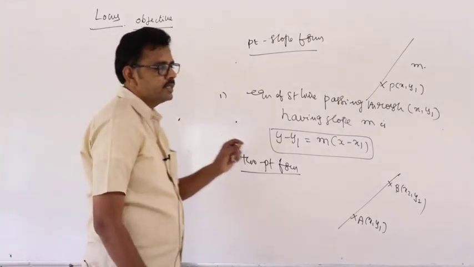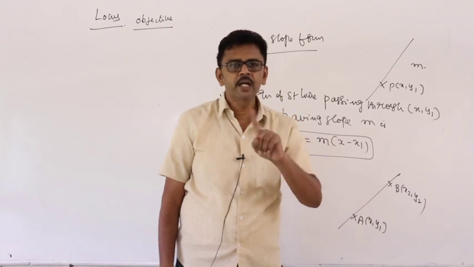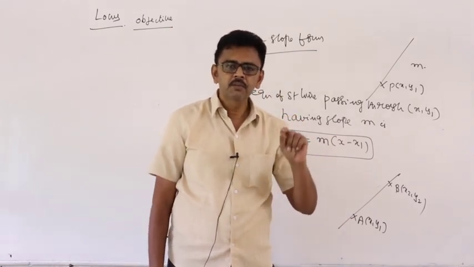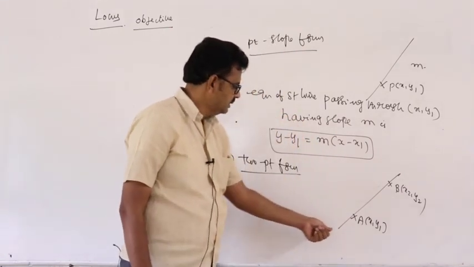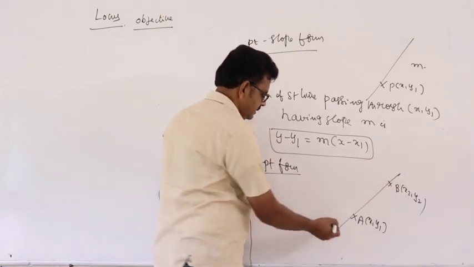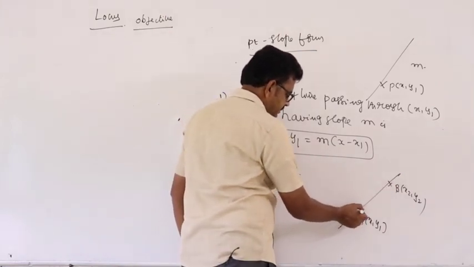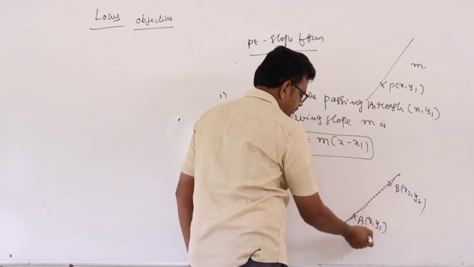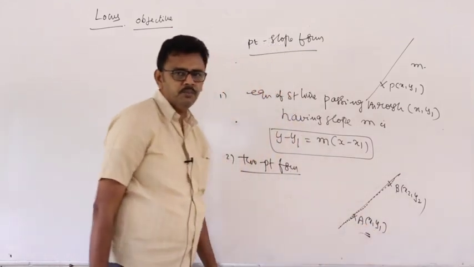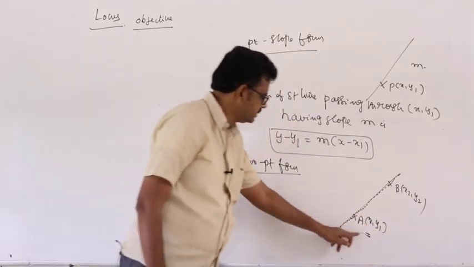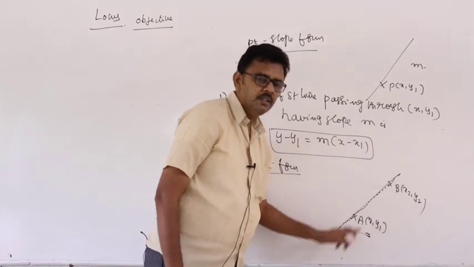To find the equation of a line, we need a point with a slope. Any one point. Points are all set of points. This is a point, this is a point, these are all points. Any one point is enough with the slope. So there are two points; we take this point or this point with the slope.